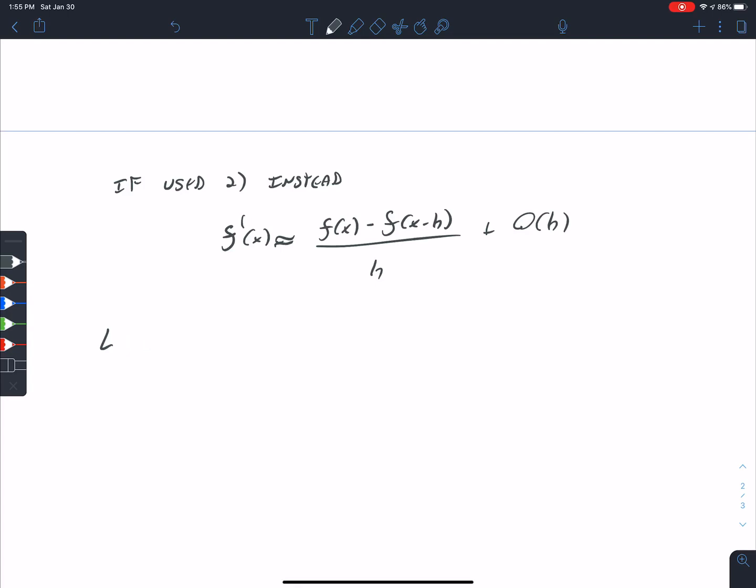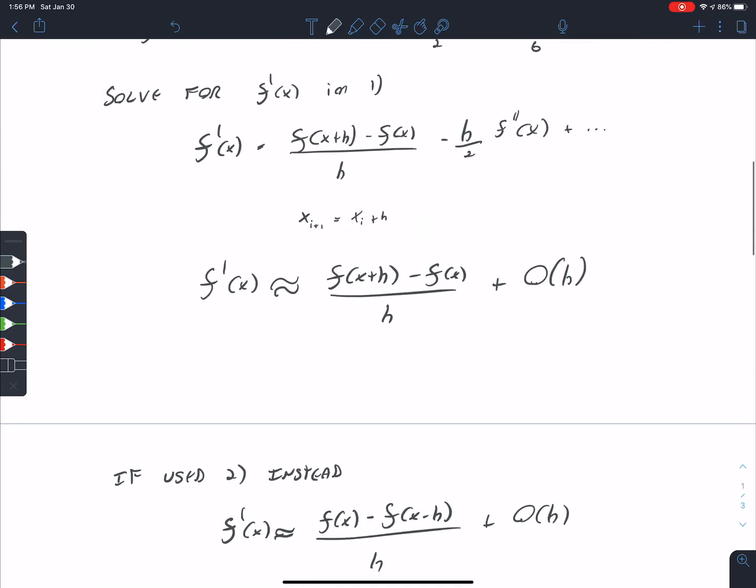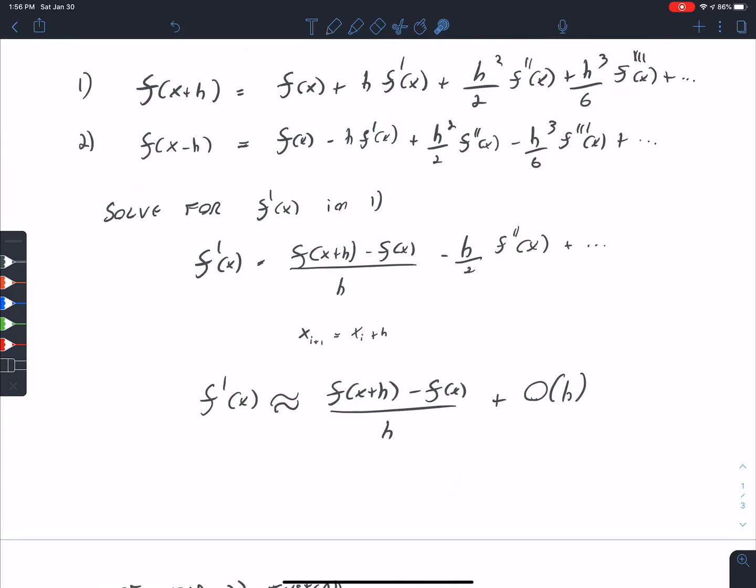So let's look at the following equation now. Let's do this in a different color. Let's look at this formula, f of x plus h minus f of x minus h. If we take this, starting from this Taylor series, we're going to take this and subtract that.